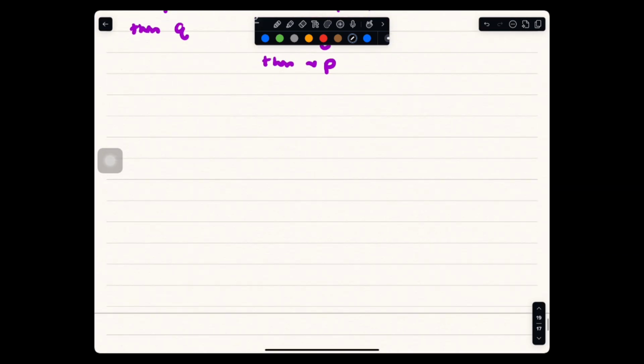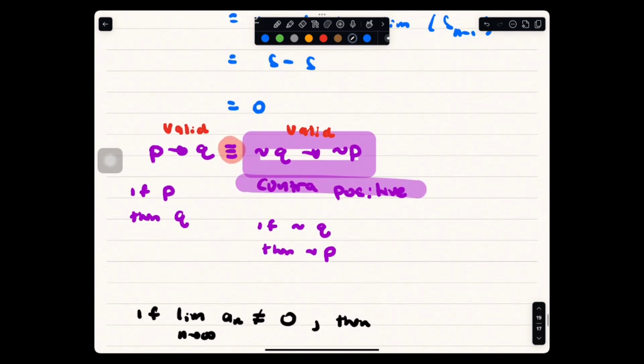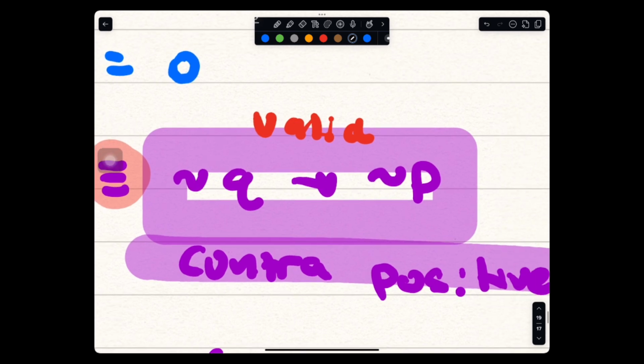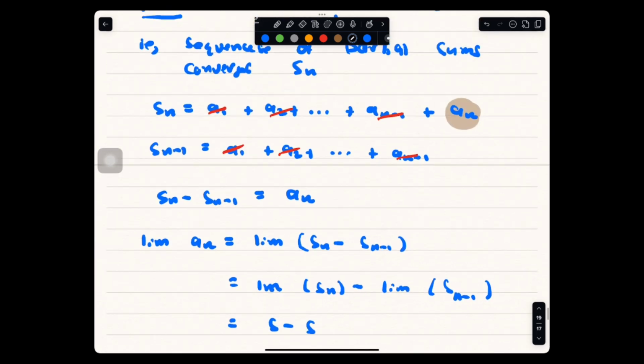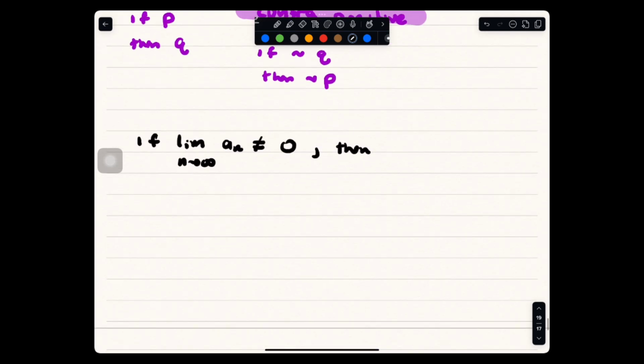Well, I'm going to say, if the limit of an is not 0, then what can we say? This is negating Q, then we can guarantee negation of P. What is this negation of P? And I have to say, or does not exist. So either the limit is 0 or the limit, I have to put this part, or does not exist.